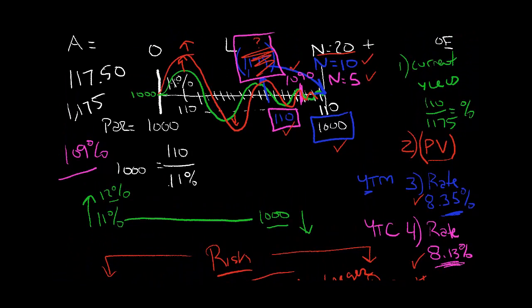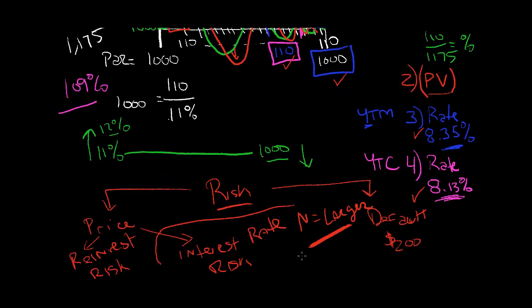The second one has to do with this little coupon here. The smaller this coupon is, the less it can absorb these changes, therefore it all gets placed back on the price of the bond. So when you have very low coupons, you're going to have very large swings in the value of a bond.